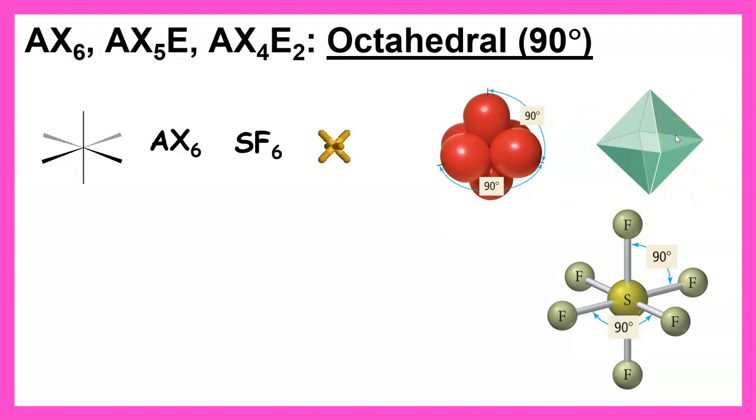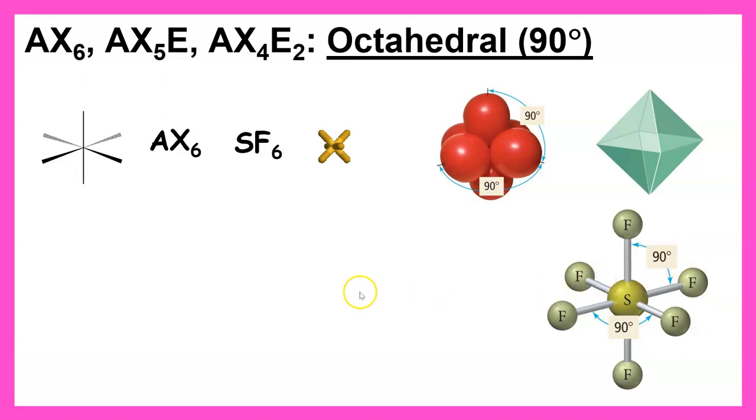So, a little bit tricky. When you have 6 items attached, 6 atoms, 4 of them will end up equatorial, and you have your 2 axial, top and bottom. It's very similar to trigonal bipyramidal, but instead of a triangle planar shape in the middle, we have this square shape.